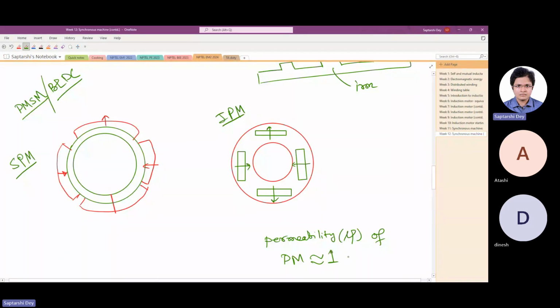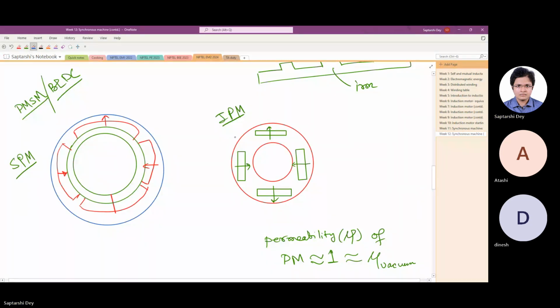That is the same as that of air or vacuum. Now if this is the rotor of an SPM, outside the rotor the stator is present like this.